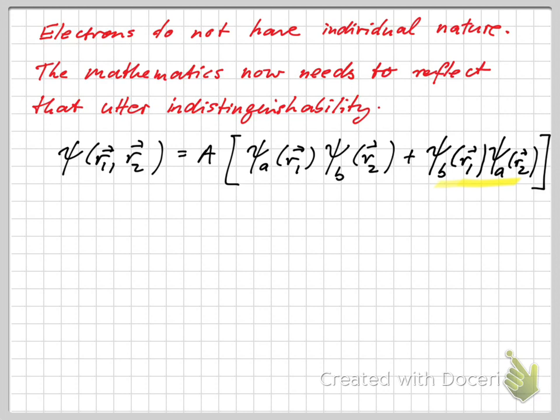Okay, so we can't really now say that the first particle is in A and the second particle is in B, because we've added another part to the wave function where it's exactly reversed.